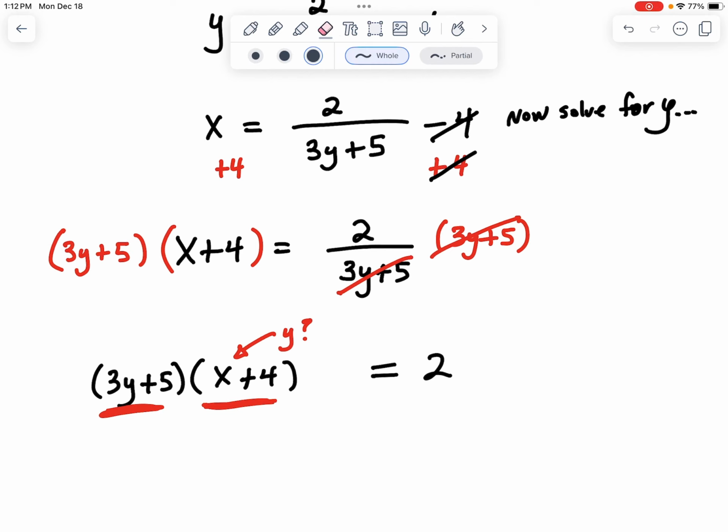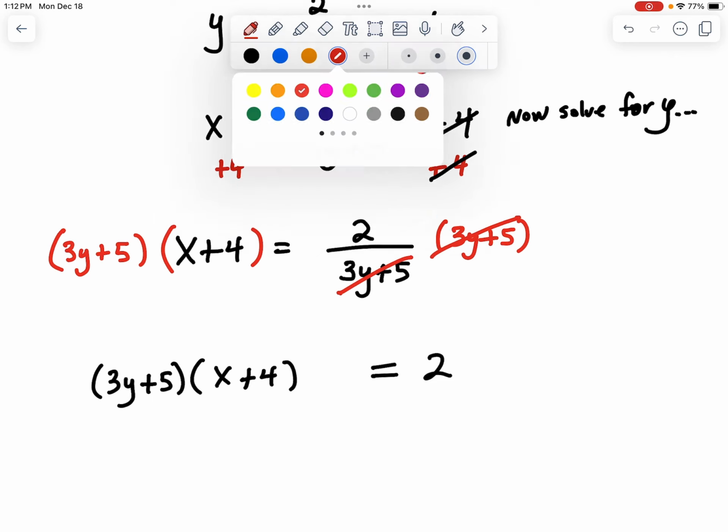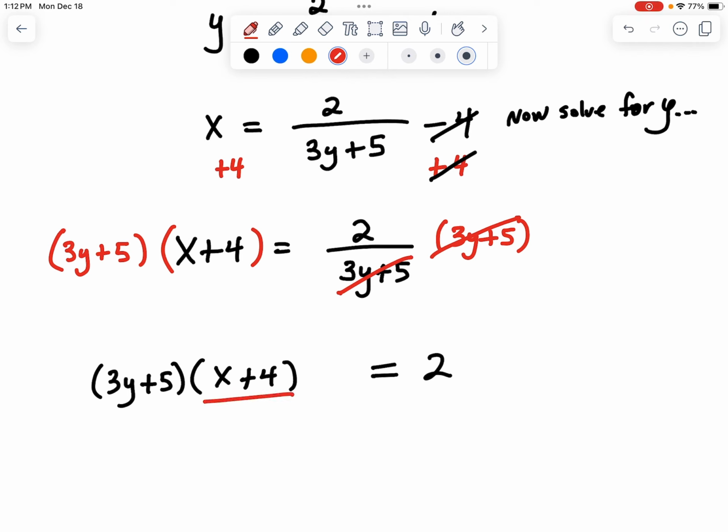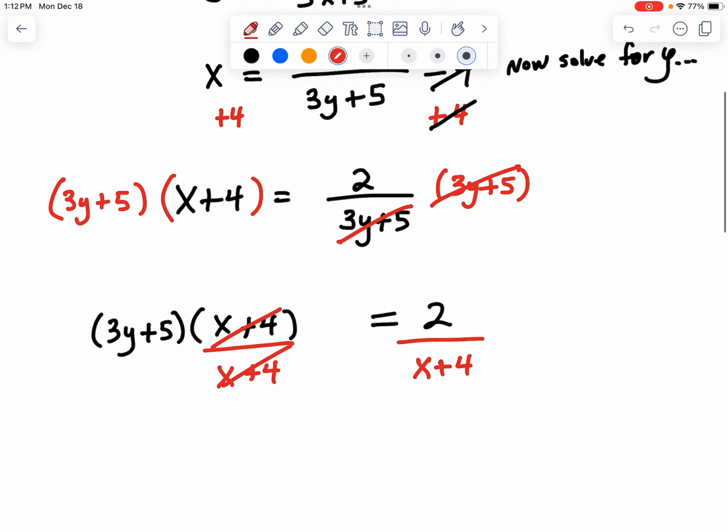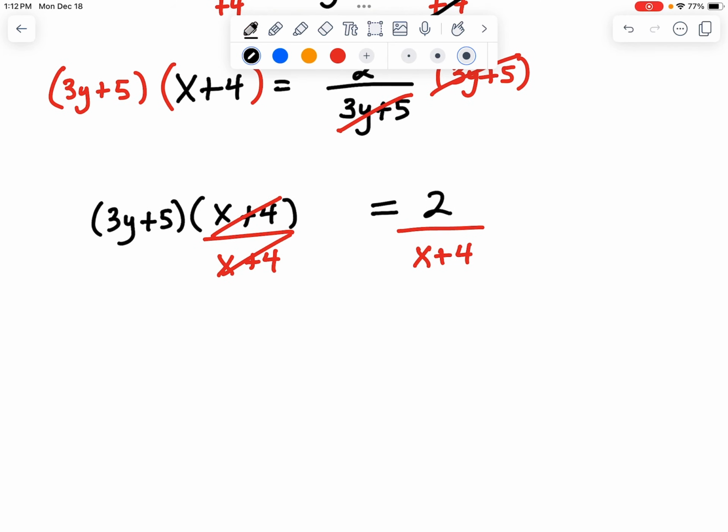But since it doesn't, the x's and the y's are already separated, so all I need to do is divide both sides by x plus 4. And after that, we only have 2 more steps in order to solve for y. So right now, I've got 3y plus 5 equals 2 over x plus 4.